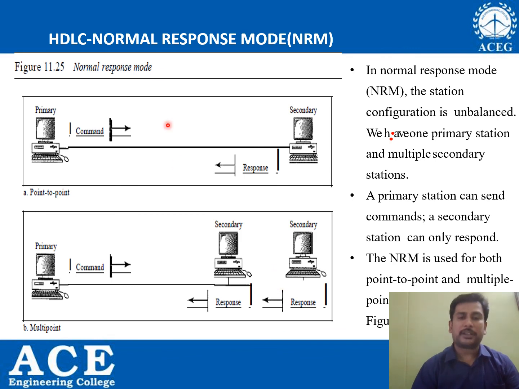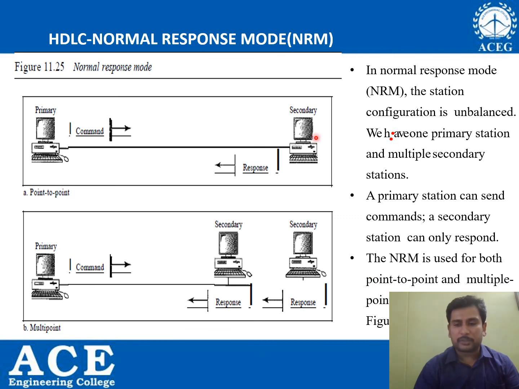But in normal response mode, we refer to it as unbalanced because here the primary station can send the commands and the secondary stations can send only the responses. Means primary cannot send responses, at the same time secondary cannot send the commands. Whether it is point to point or multi-point, the role of primary is to send the commands and the role of secondary is to send the responses.